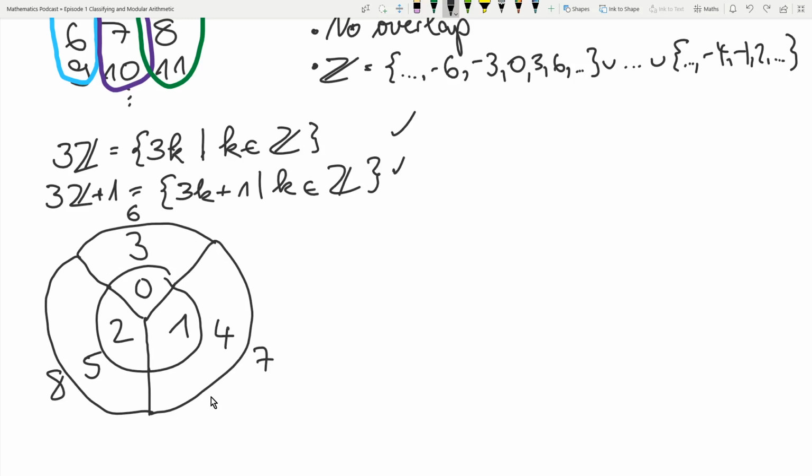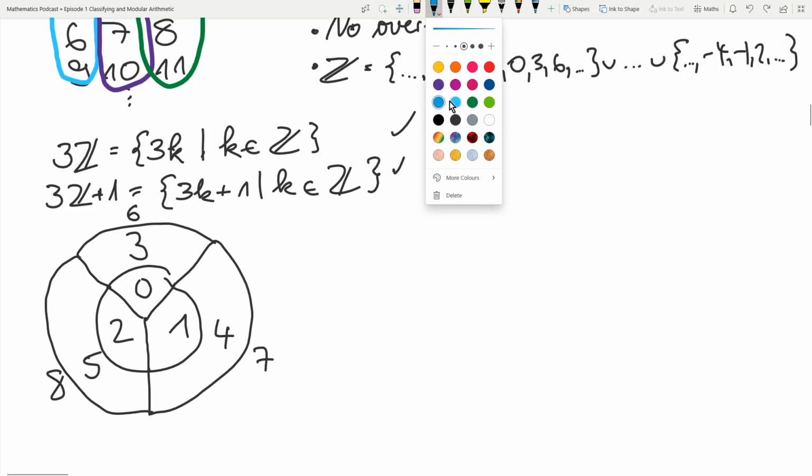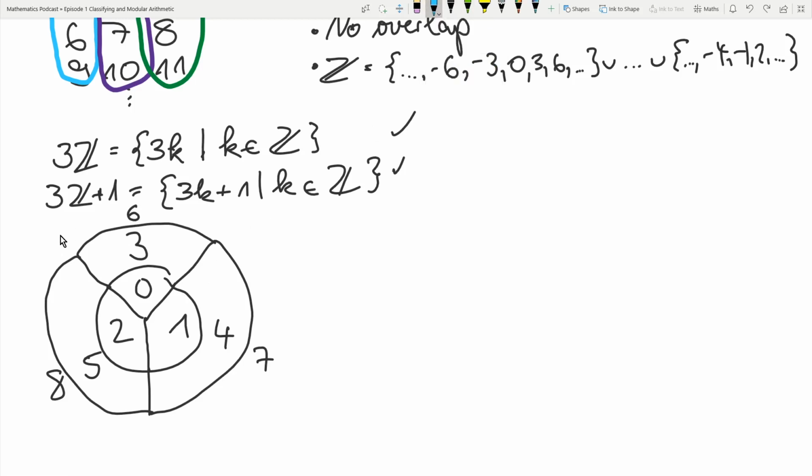So you can go round and round, and in this way you can see how all numbers are divided into 3 parts. This is also another good way of looking at these buckets, because in this way every single number is accounted for, but they only belong to one bucket. And it's in 3 parts.